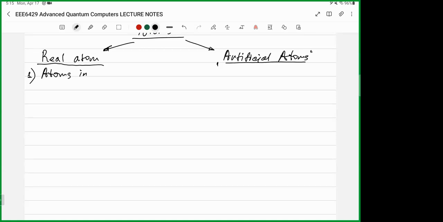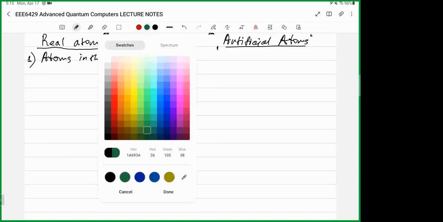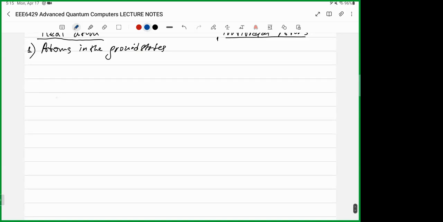Atoms in the ground states. If I, for example, schematically draw the energy level structure of an atom, typically it is a very complicated structure, right?